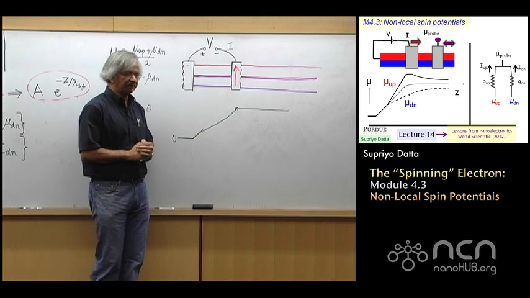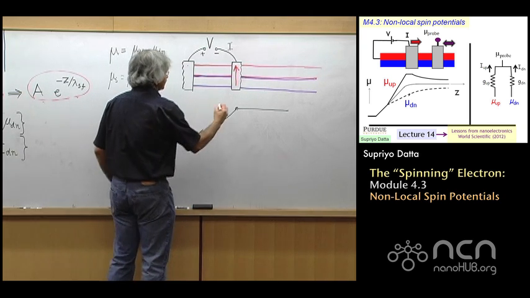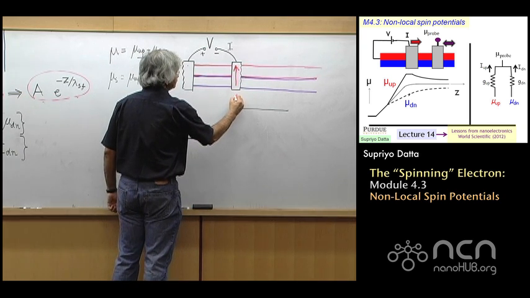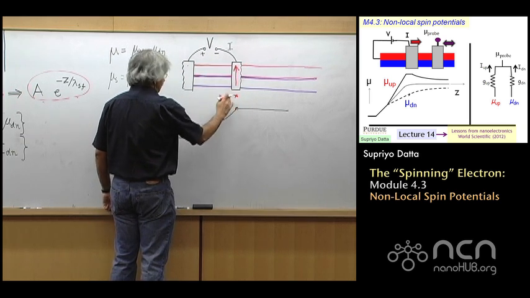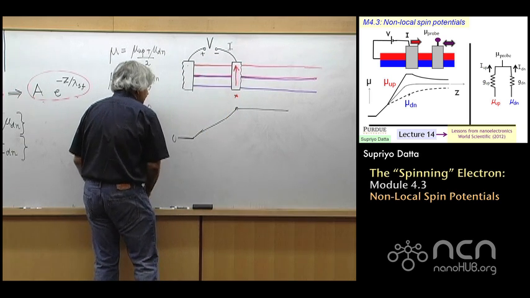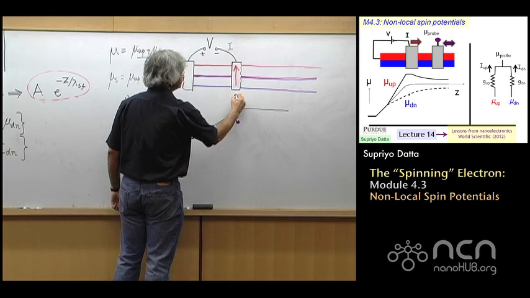That's really the basic phenomenon. And so if you looked at the up, it would be somewhere here. When you look at the potential for the down, it's somewhere here, some other value.